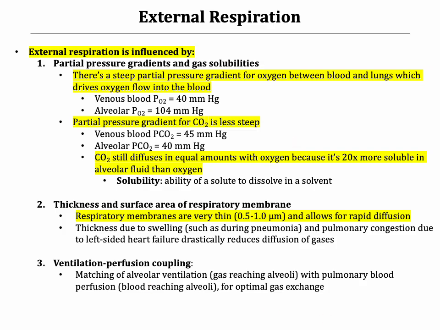And then ventilation perfusion coupling, representing the matching of alveolar ventilation with pulmonary blood perfusion. So matching gas exchange and blood movement, making sure that that's optimal for adequate diffusion.